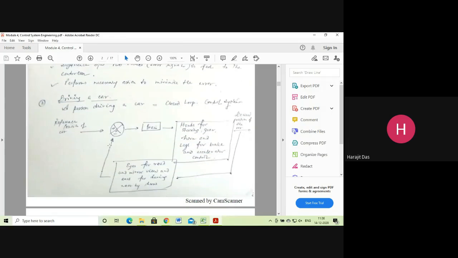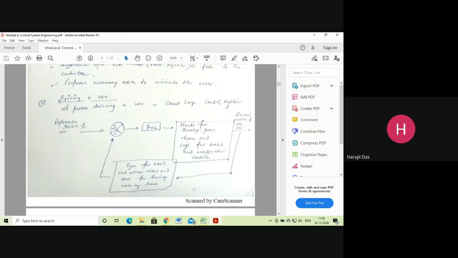Just like driving a car, that is also an example of a closed loop control system, but that is not a mechanical example of a closed loop control system. Some of you can also drive a car. What happens when there is suddenly an obstacle, or a speed breaker, or some animal? Sometimes unknowingly, by your subconscious mind, you apply the brake, isn't it?